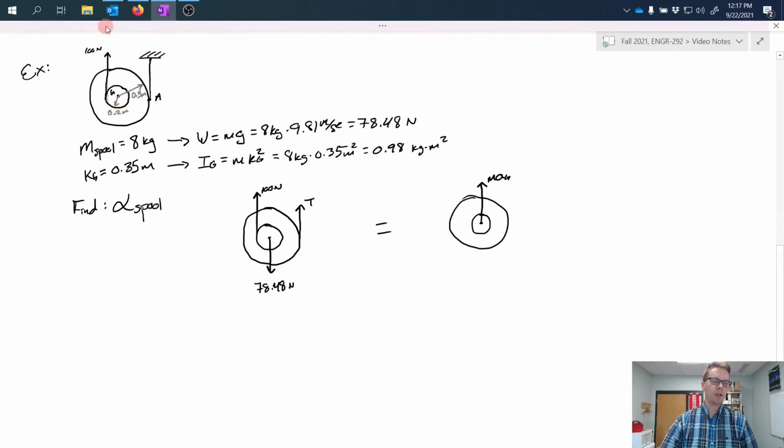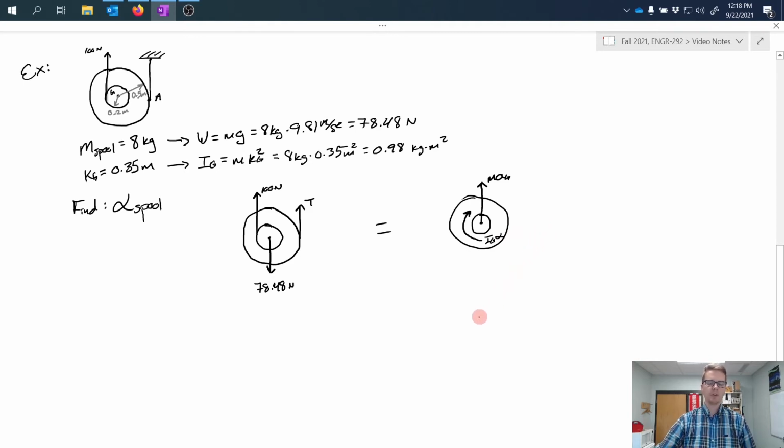So I'm pulling up here with this 100 Newton load. It's fixed at A over here, so it's moving up and rotating, and therefore I can apply that to my kinetic diagram as I_G alpha.